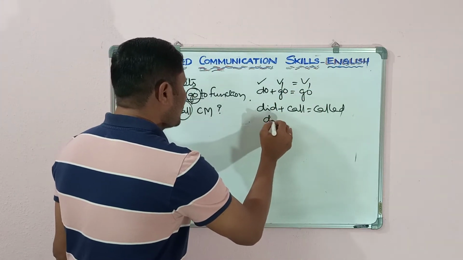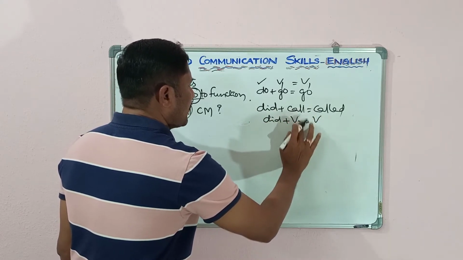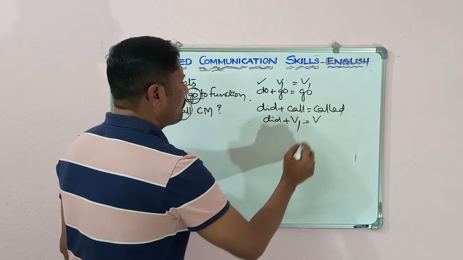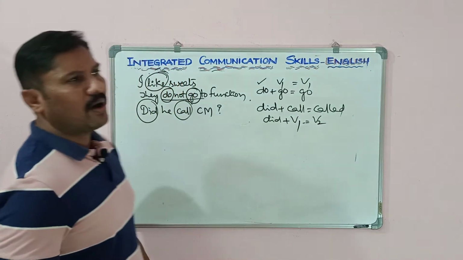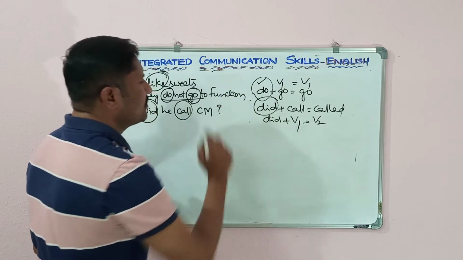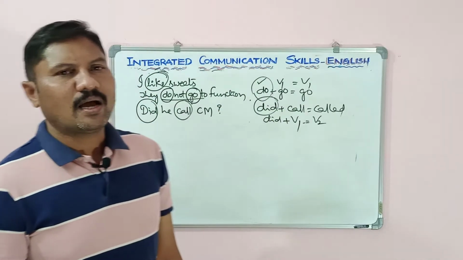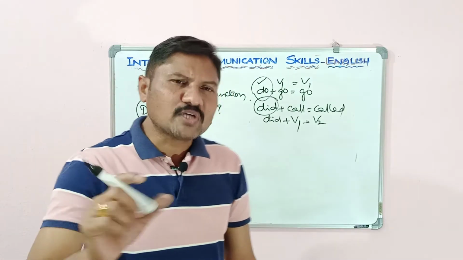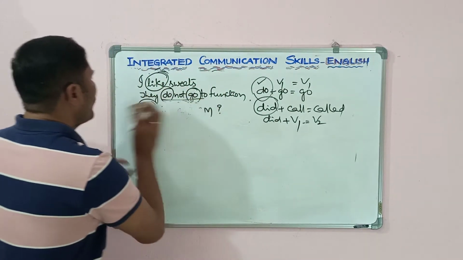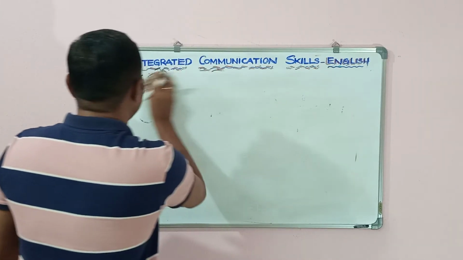Did plus present form of verb is equal to past form of verb. So do and did are very helpful in writing statements, negative sentences and questions. That's why today we are going to learn do forms in this video in detail.